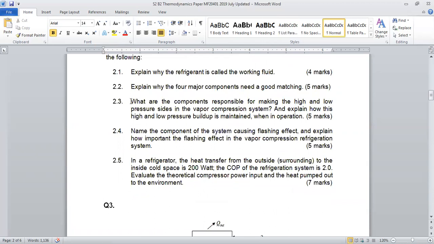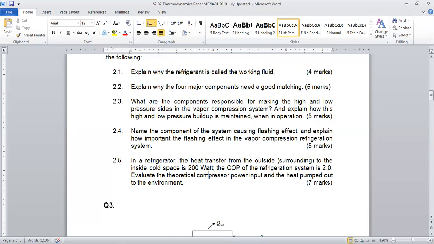See, what are the components responsible for making the high and low pressure sides? And explain how this high and low pressure buildup is maintained in operation. So that's why you should understand about the liquid seals and all.